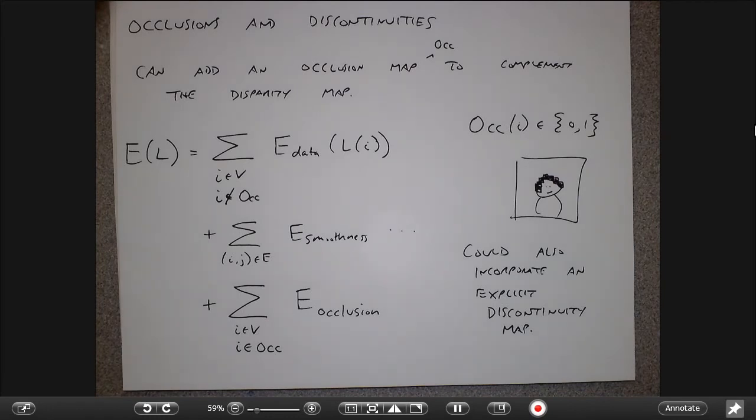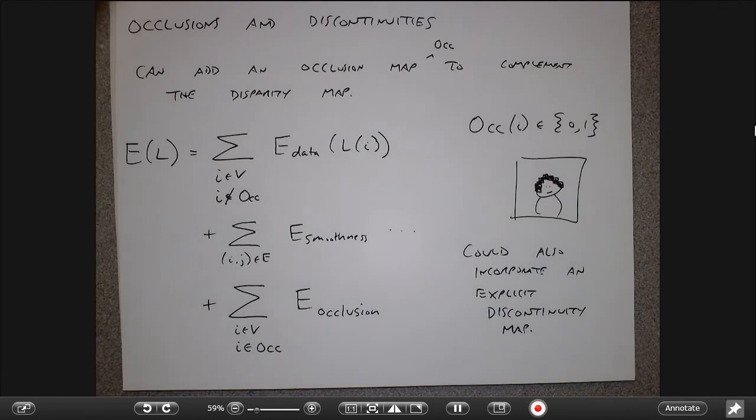For example, you would not penalize labeling differences across the discontinuities, because you expect there to be some disparity corresponding to a difference in depth across discontinuities. This is a way to make your algorithm a little more robust. Instead of treating every pair of pixels across an edge the same, you treat them differently depending on whether you estimate that they're discontinuous or not.